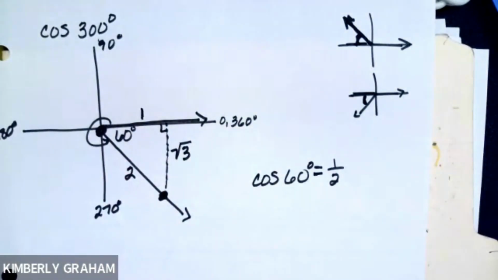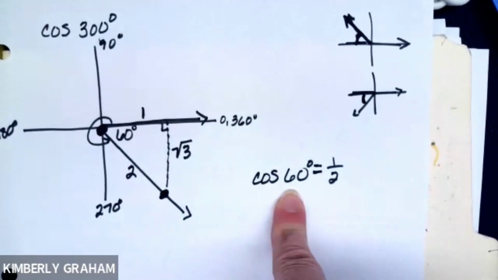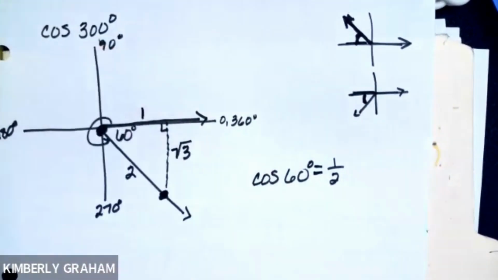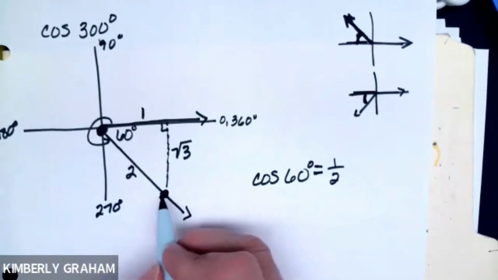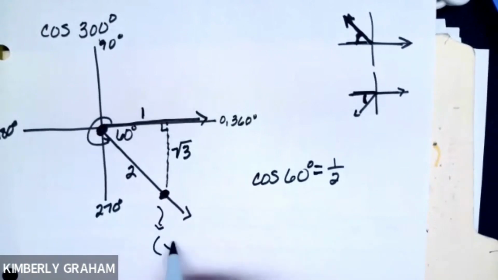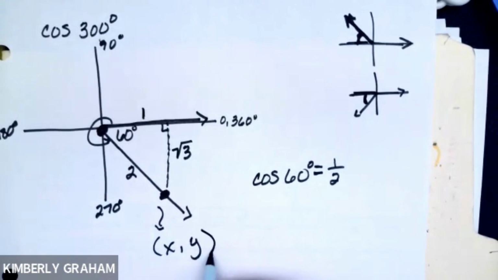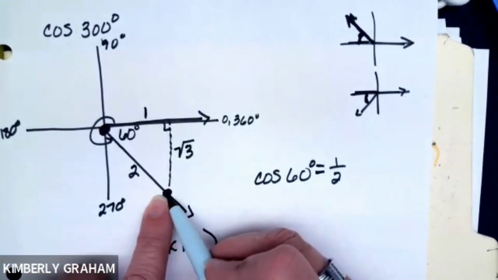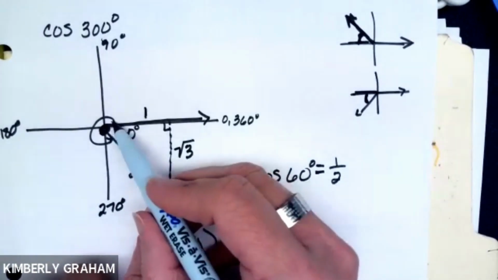But I want to somehow relate this cosine of 60 degrees to the cosine of 300. That's really what I want. Let's look at this point here, (x, y). The x coordinate for this point is 1.